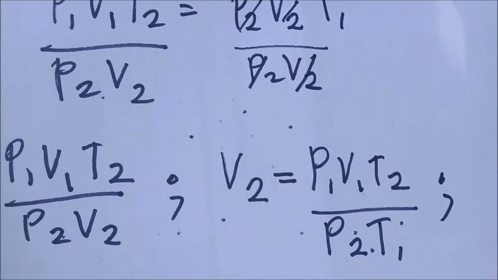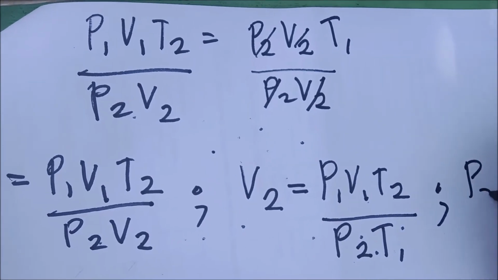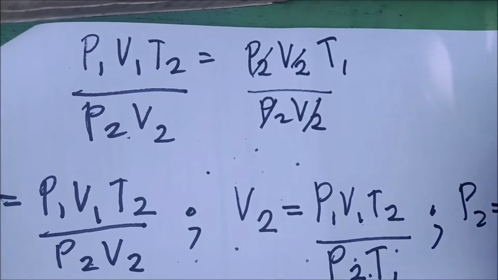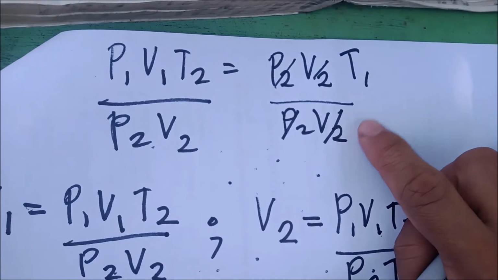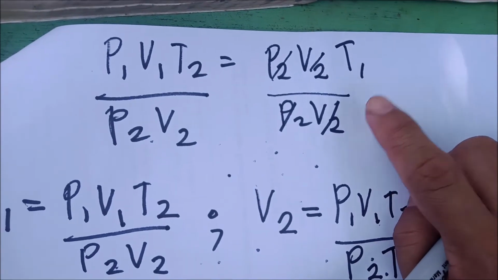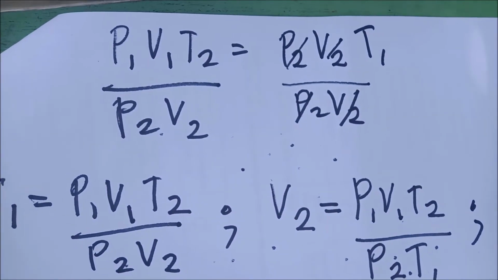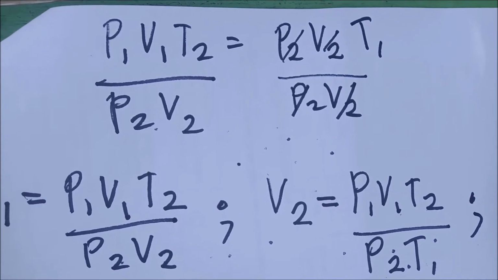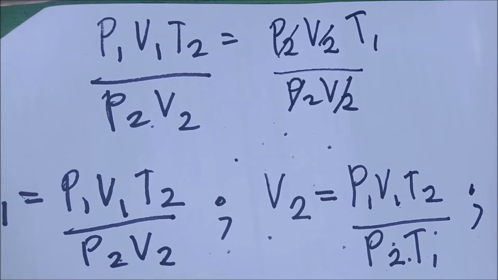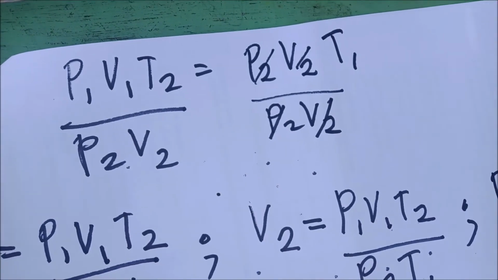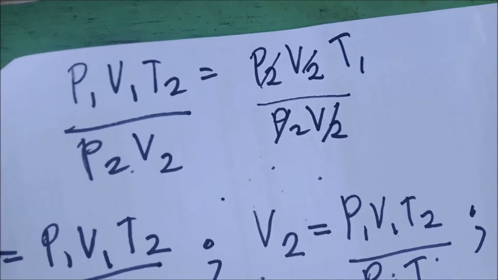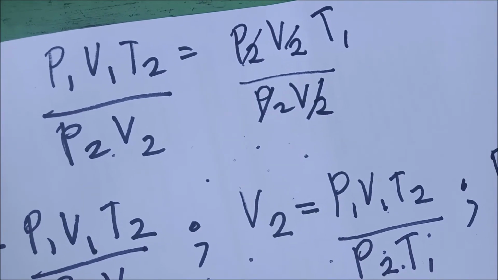And lastly, let's have our formula for P2. What should be eliminated on this side will be V2 and T1. So P2 will be equal to P1 V1 T2 over V2 T1.